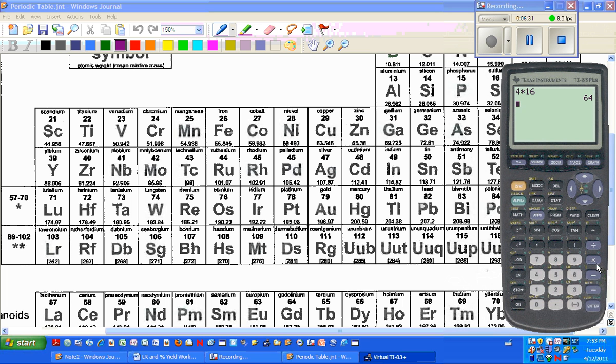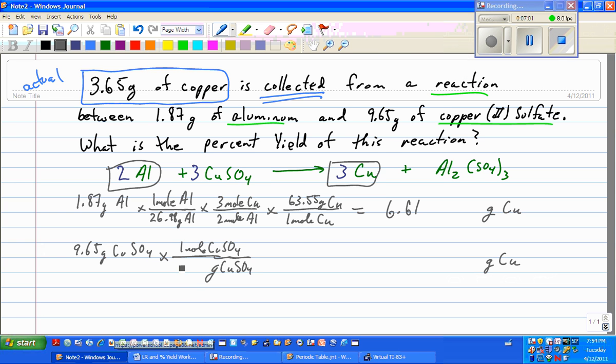Hit enter. And then I'm going to add my copper, so that's plus 63.55. Hit enter. 159.62.